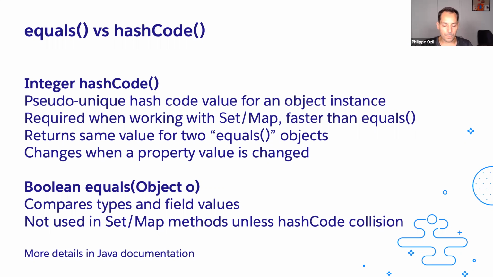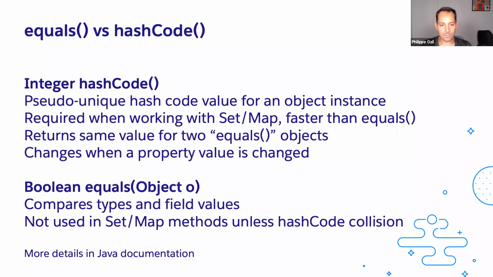The idea here is that we try to generate a quick identifier for an object, which lets us work with sets and maps, because sets and maps rely on unique elements. And to figure out quickly whether an element is unique, we work with hash codes. Generally, we first check the hash code. If we find duplicate hash codes for object instances, this is called a hash code collision. This can happen, it's fine.